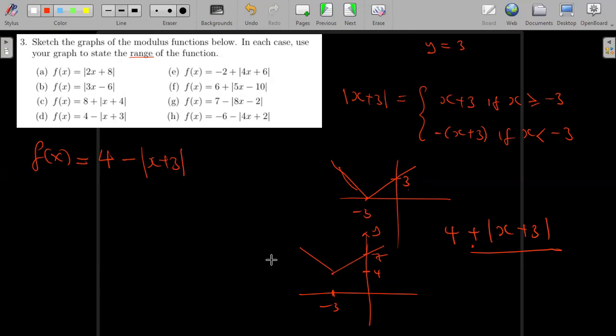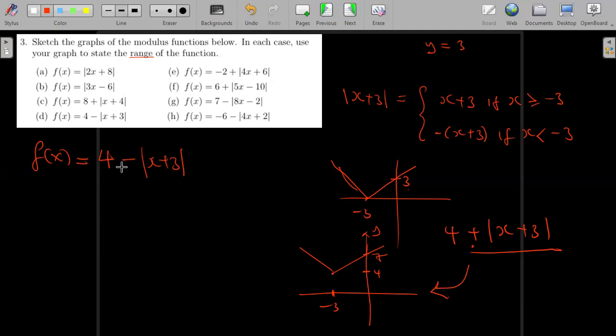Okay. Now, let's go to our example. This one here, which we've sketched, is 4 plus modulus of x plus 3. Then modulus. Now here there's a negative. So what will you be getting? You know that in the modulus, when you plug in values here, you always get a positive value.